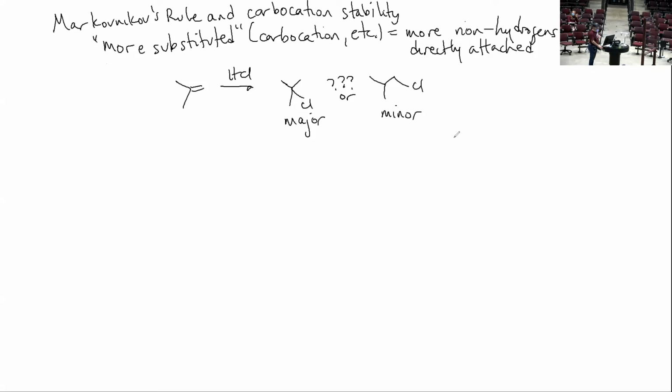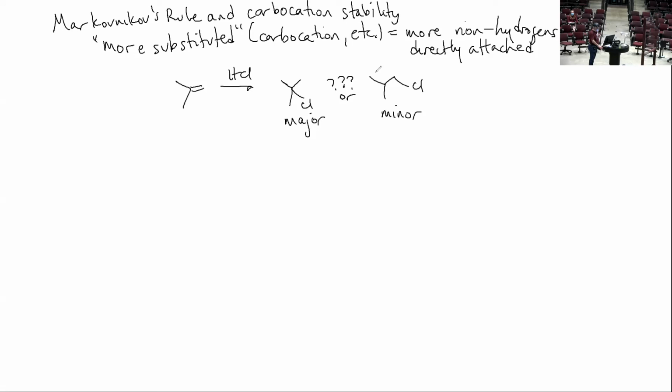That's where Markovnikov's rule is especially applicable. Good. So now you can see how Markovnikov's rule works out here. Here we've got an unsymmetrical alkene. And yeah, the older form works. The H is going to go, for the major product, to the carbon with more H's on it, and the chlorine is going to go to the carbon with fewer H's directly attached.